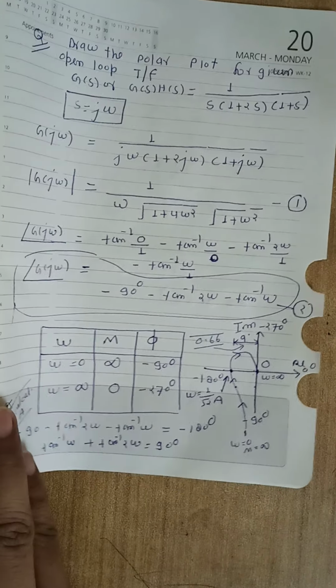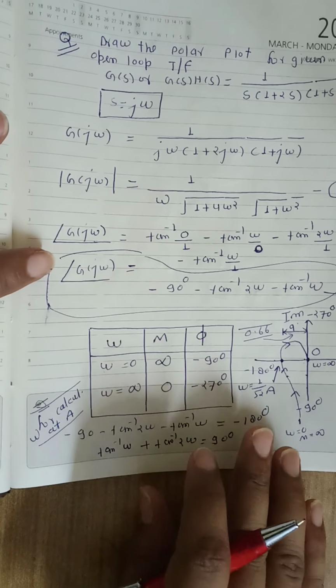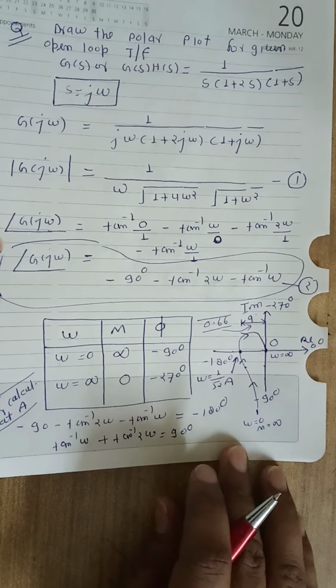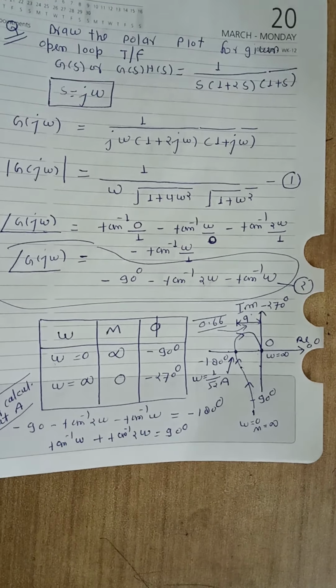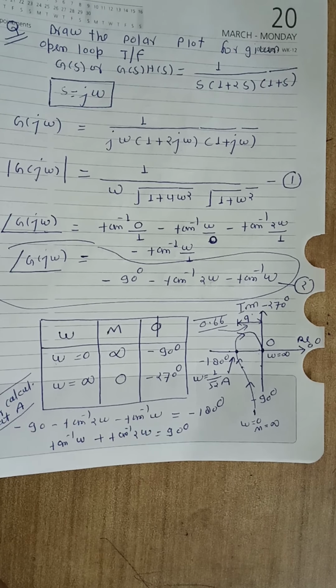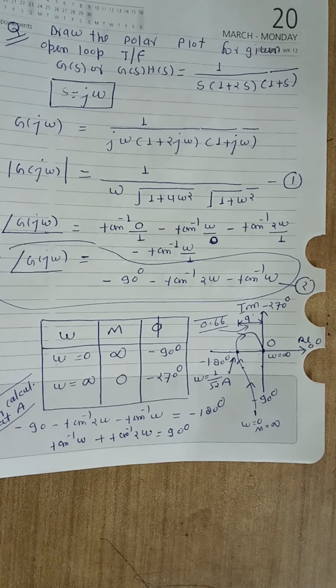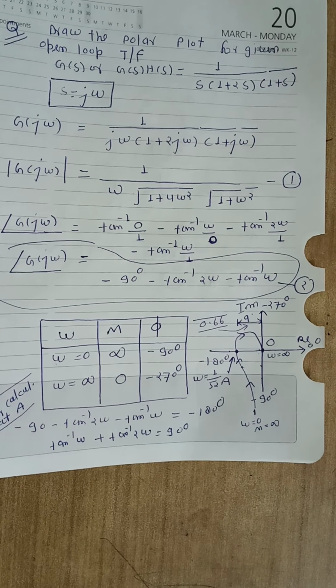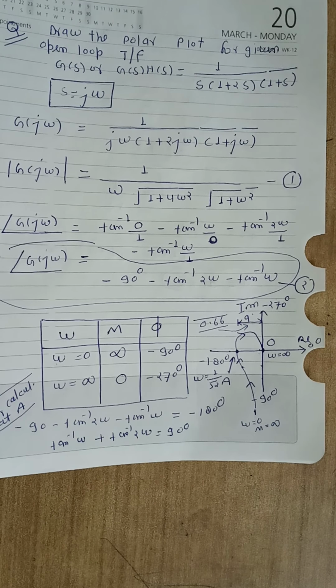Now I have a complete polar plot for the given transfer function, and already I told you, with the help of a polar plot we can determine relative stability, or we can determine closed loop stability from open loop transfer function. But it is not possible to determine the number of roots causing instability.